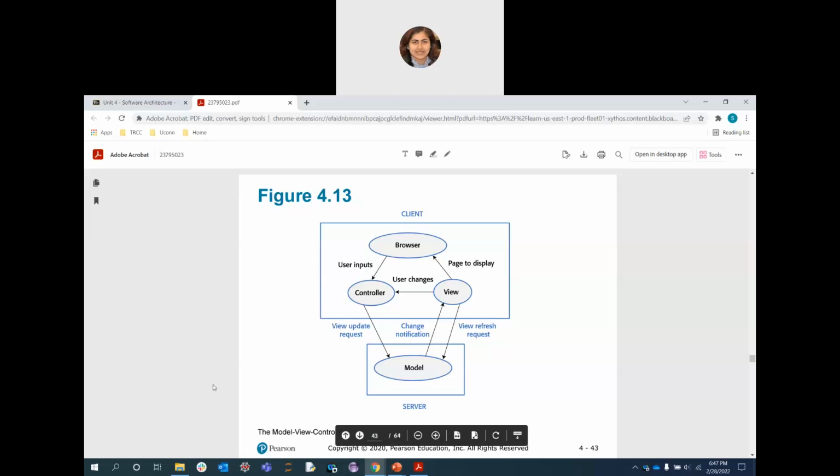Traditionally, this type of architecture is used for graphical user interfaces, and this pattern has become very popular for designing web applications. Popular programming languages nowadays have MVC frameworks that can facilitate the implementation of the pattern. Java, for example, has a Model View Controller framework.